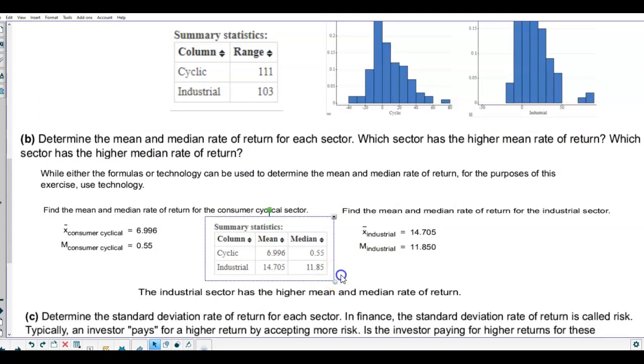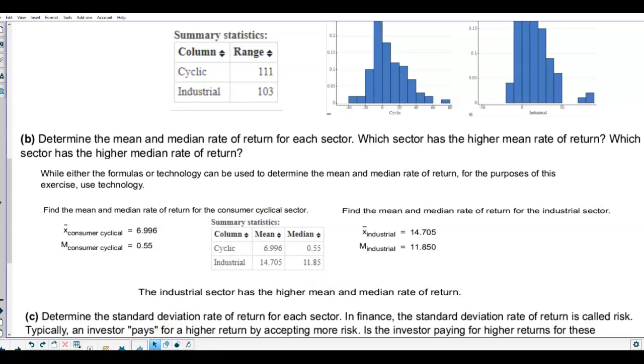So what we can see here is that the cyclic sector has a sample mean of 6.996 and a median of 0.55.